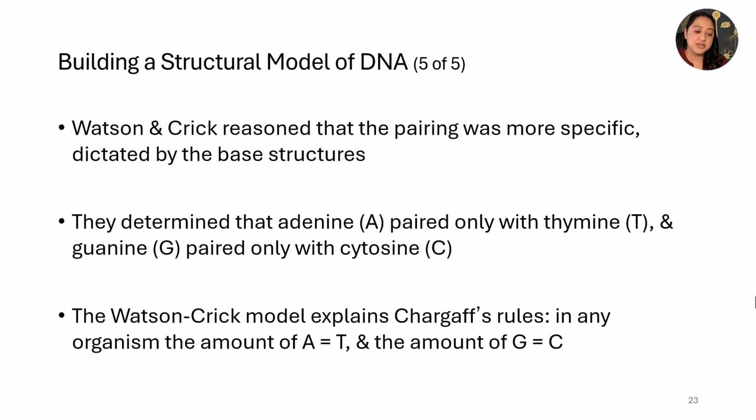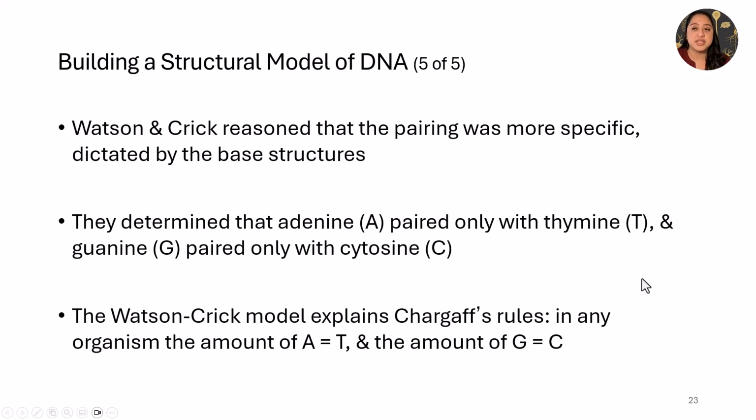And when they figured that out, that explained Chargaff's rule. In any organism, the amount of A equals T because they only bind with each other. So if there's this many A's, there has to be this many T's. And the same for G and C: the amount of G always equals the amount of C because they pair only with each other.